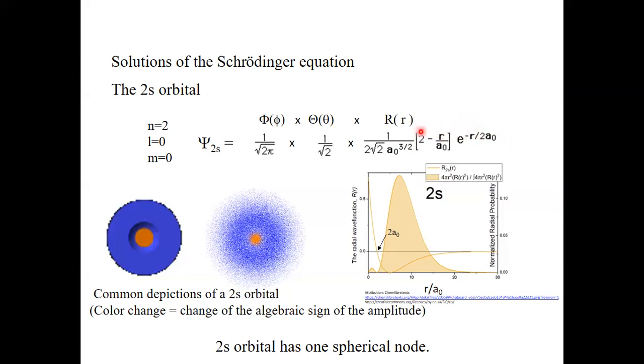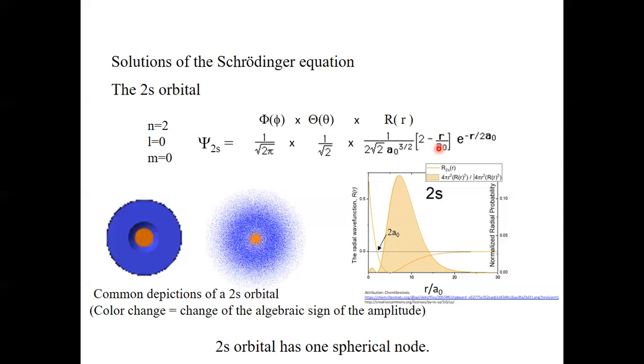But now we have here another term, which you see here in brackets, which is 2 minus r over a0. So that term now introduces a node into this orbital. And that node is called a spherical or radial node, because unlike the node of one-dimensional waves, the node is not a point, but it actually defines a sphere.